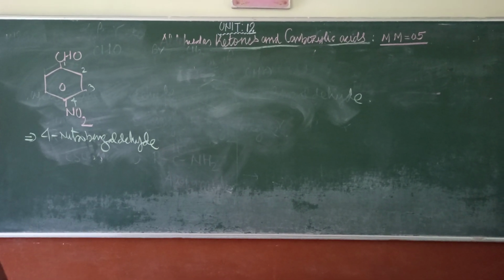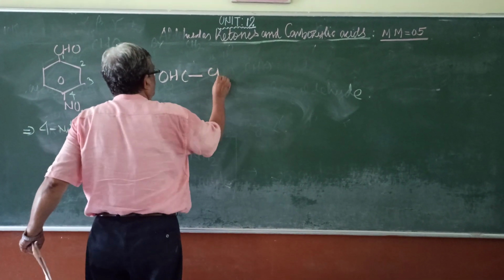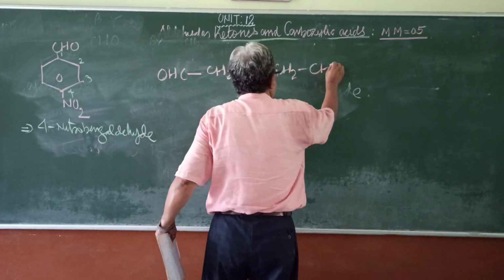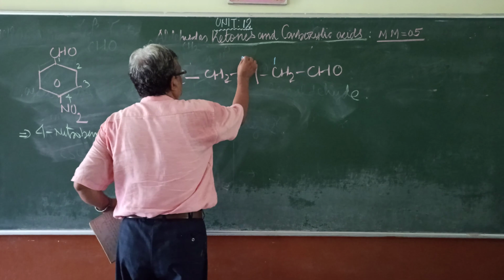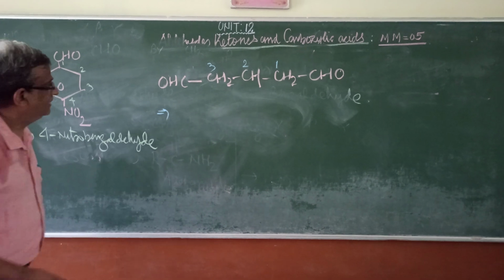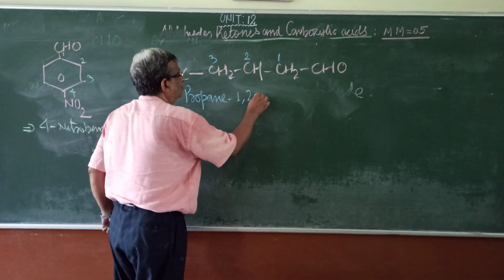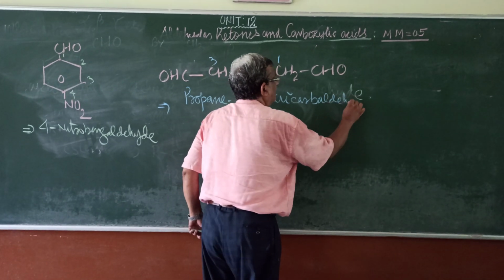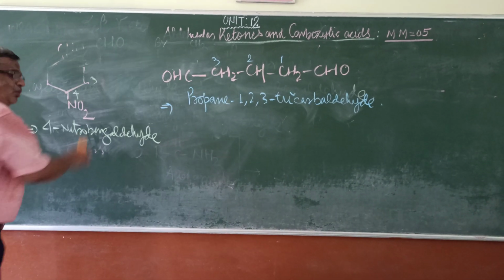One more example, I will write here, it's a long compound, OHC, CH2, CH, CH2, CHO. I start numbering the compounds. This is 1, this is 2, this is 3. And the name is propane-1,2,3-tricarbaldehyde.